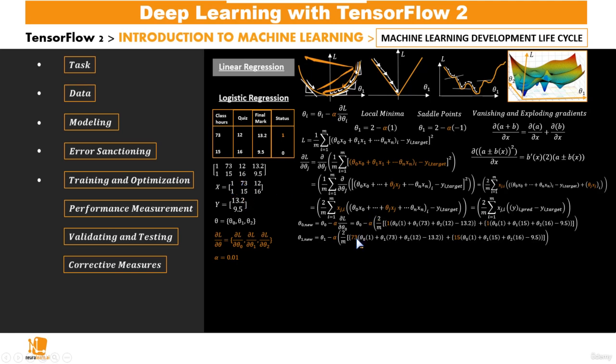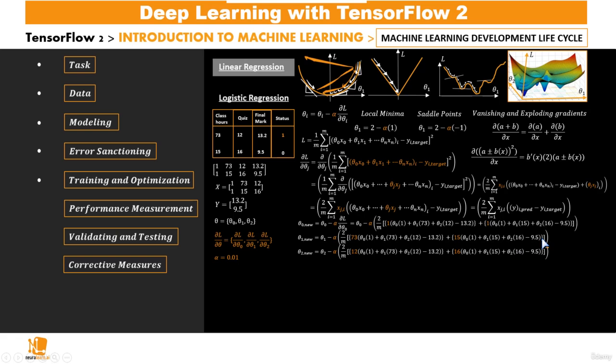That's why here we have 73, times 1 times theta 0 plus 73 times theta 1 plus 12 times theta 2 minus the output 13.2. And then plus, for the next we have 15. Since we're still working with this column, and now the second data point, we have 15 times this minus the output 9.5. So that's what we have here.